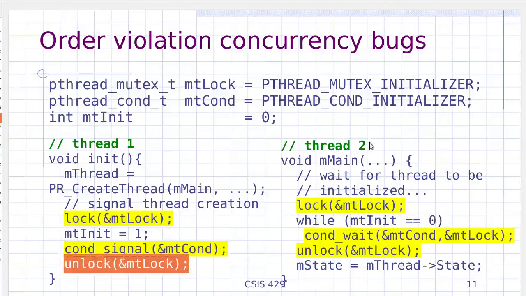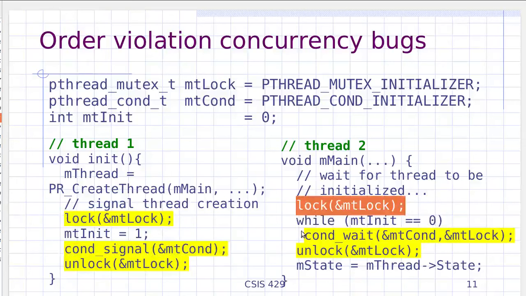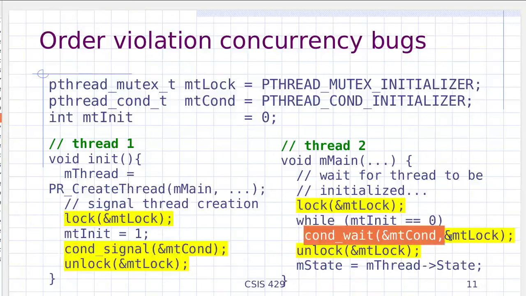On the other hand, in thread 2, you have to wait for that signal. So to wait for that signal, remember, you have to lock. And then here's the tricky part again. When you do the wait, you have to pass in a pointer to the condition variable and the lock that you're using. Because remember, you're going to unlock in here and then let whatever thread is trying to lock it.